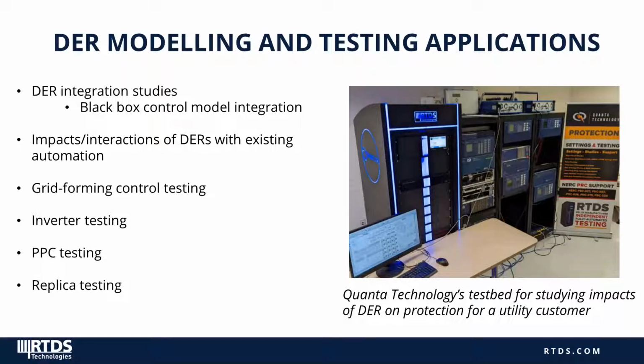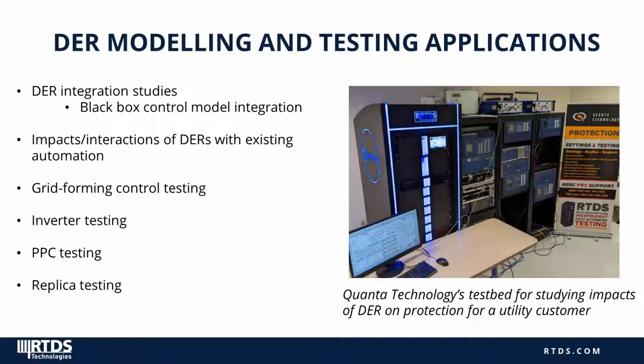Utilities are requiring vendors to provide an accurate EMT model of their DER controls in order to validate the performance of the DER and de-risk the interconnection to their grid. And that's more and more key as DER controls become wider in scope and functionality and in complexity.